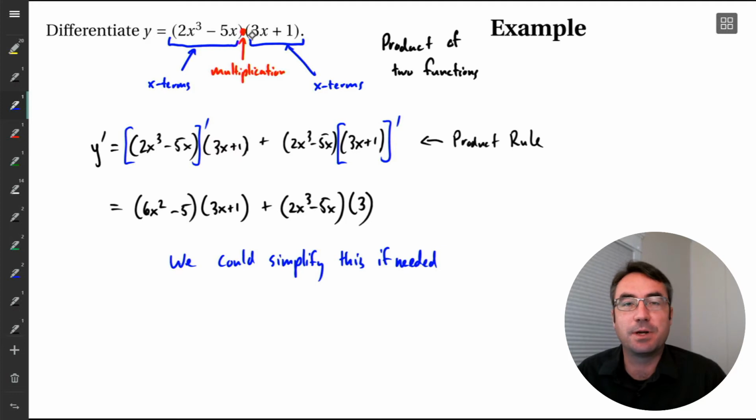We could just multiply our function out first, get it as a polynomial, and then differentiate from there. This one's just to get us started with some product rule. You can check it out for yourself: try multiplying this out, and you wouldn't necessarily have to use product rule.